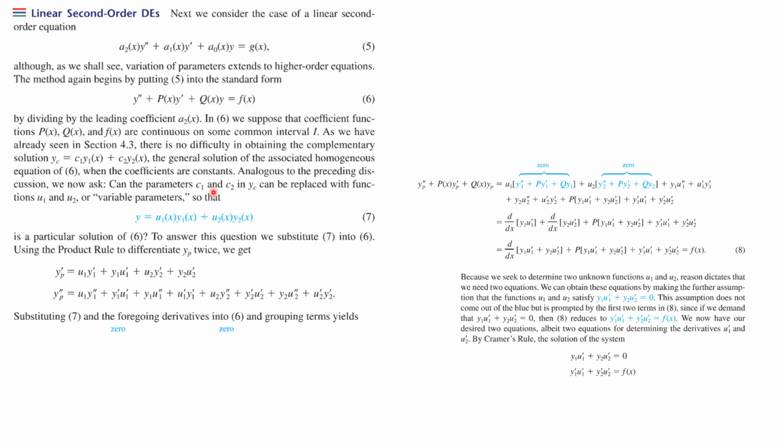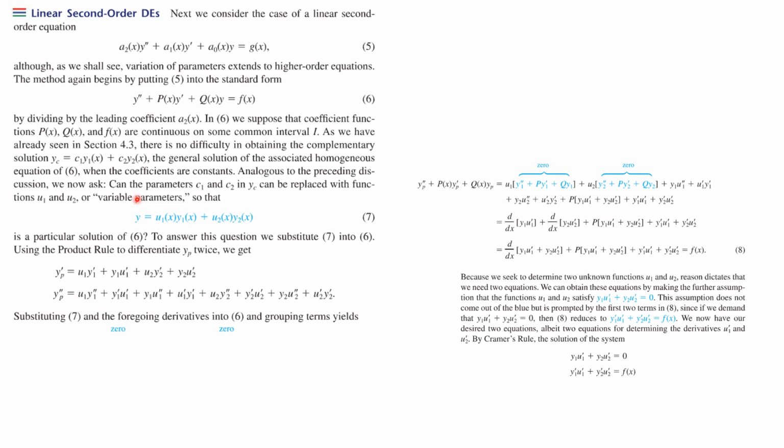But the idea that Lagrange had was, gee, instead of saying the complementary solution is c1 times y1 of x plus c2 times y2 of x, what if we let them be variable? These c1 and c2 are parameters. Let them be variable, and we'll let them be u1 of x and u2 of x.